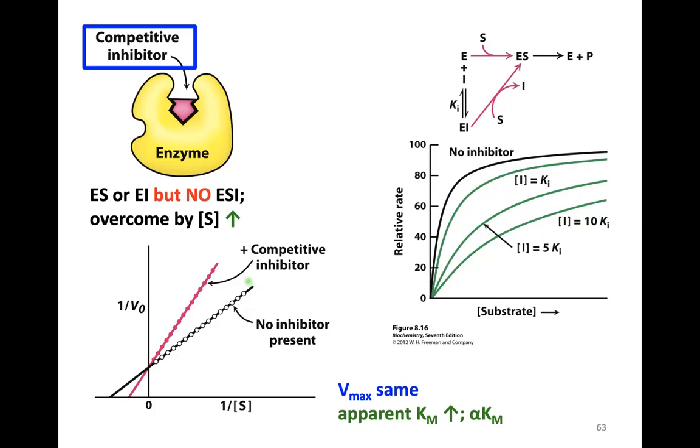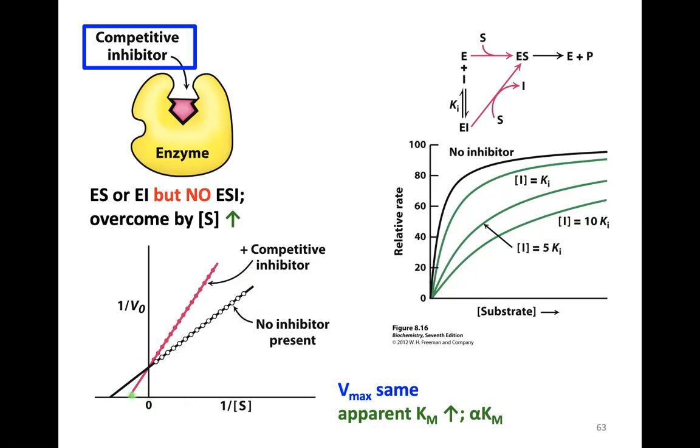As we increase the concentration of the competitive inhibitor, what we can see, as depicted by this red plot, is that the y-intercept stays the same, but the Km value is increasing because, remember, it's approaching more closely the origin. Okay, this is what I mean by the trend. Because the y-intercept is the same, that tells us that the Vmax is the same.